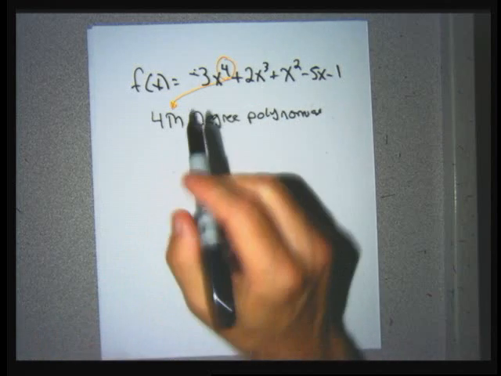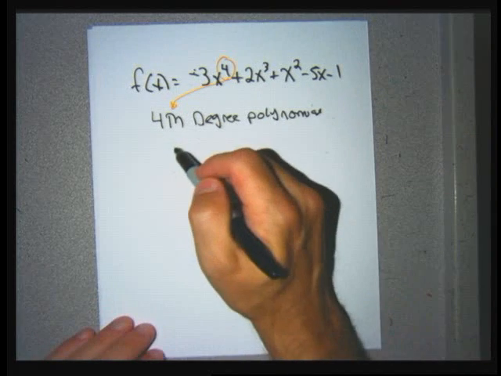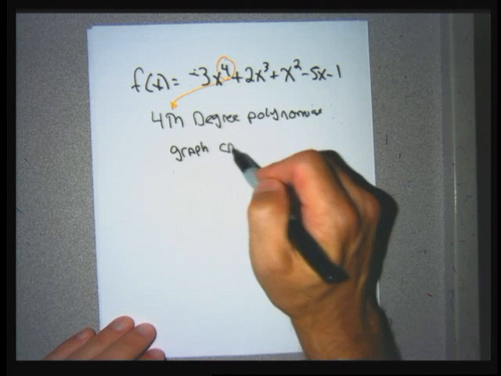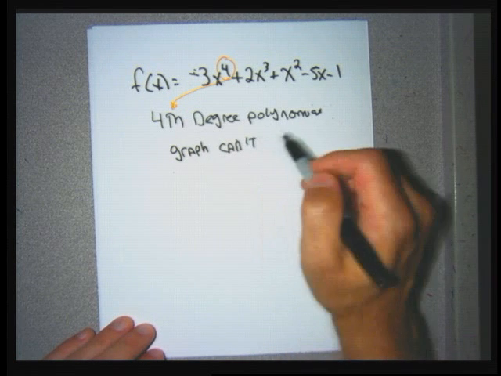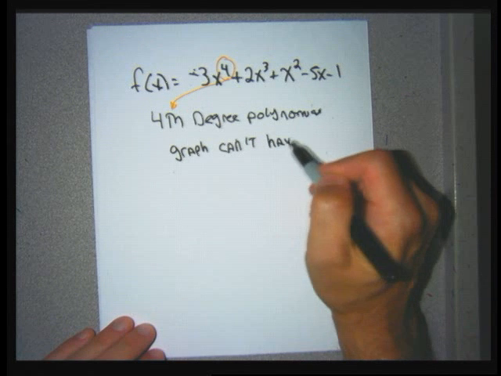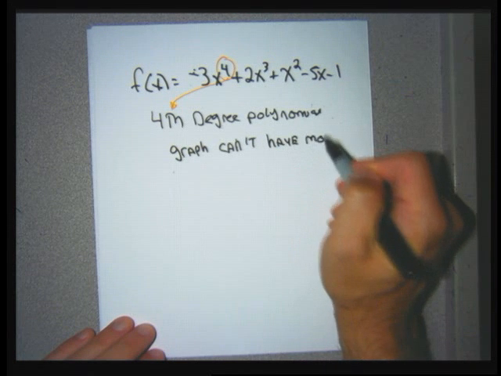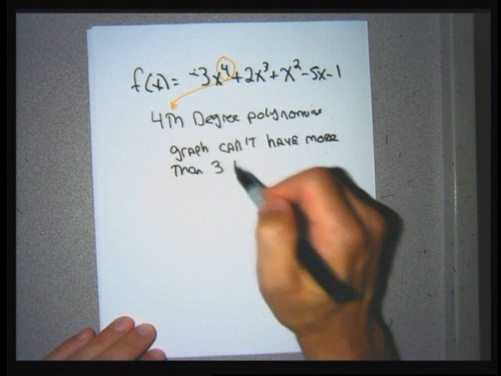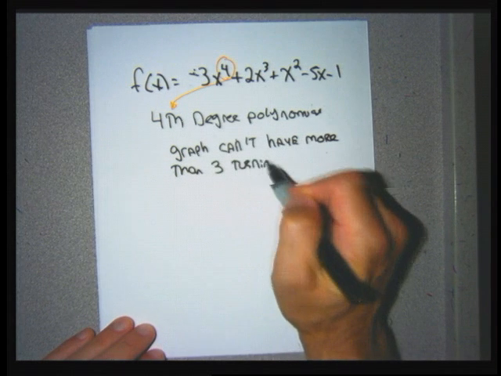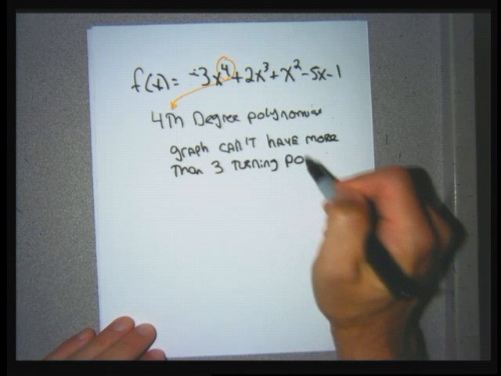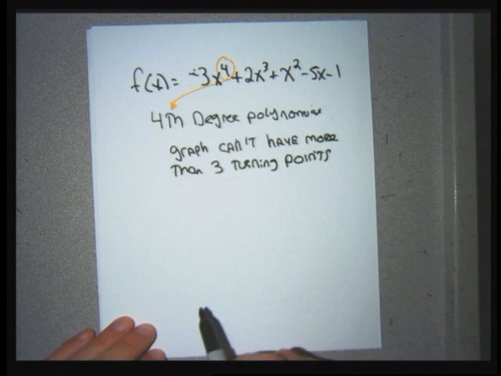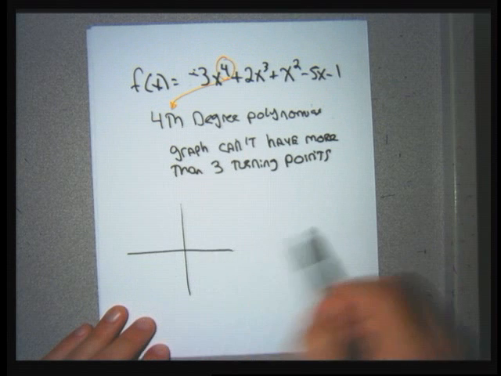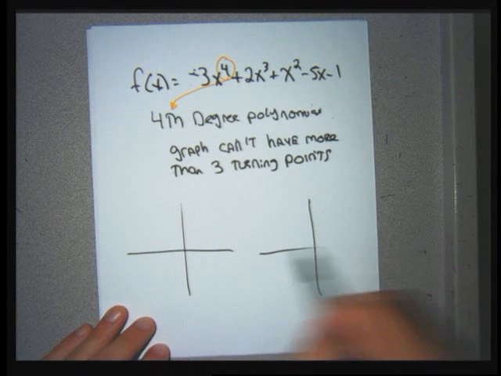And I know from some theory that the graph can't have more than 3 turning points. It could have less, but it can't have more. So the maximum number of turning points is 1 less than the degree of the polynomial. The degree of the polynomial is the highest exponent if the polynomial is expanded.